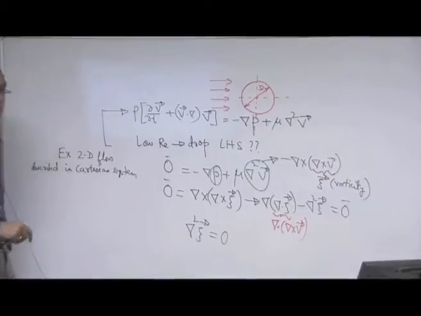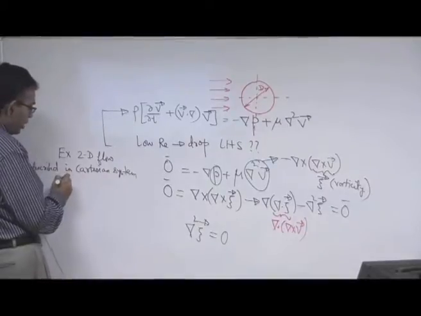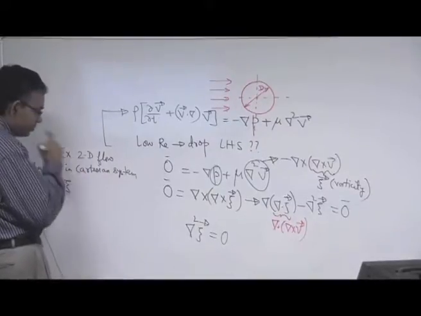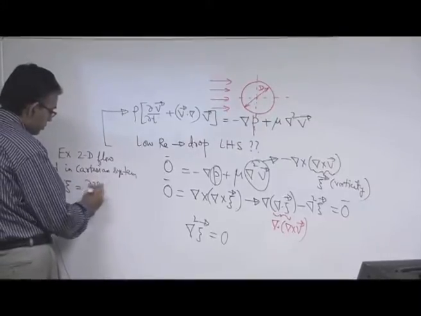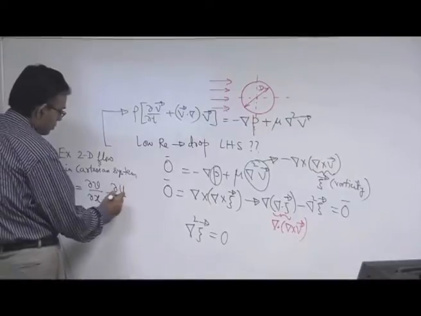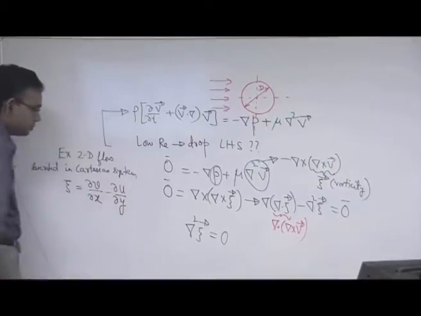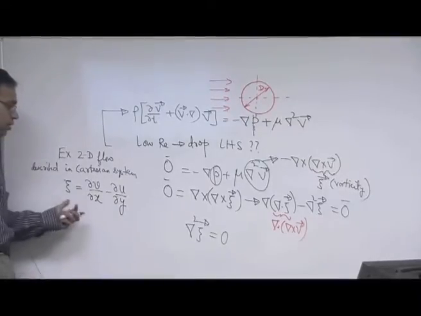Now, for this particular problem, for 2D flow zeta is the scalar component of vorticity.